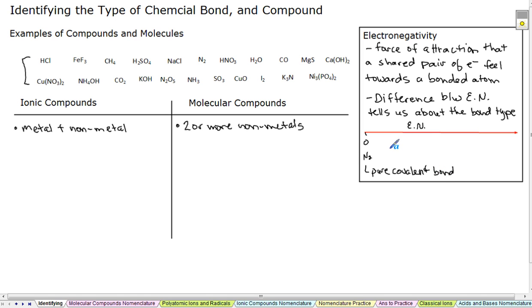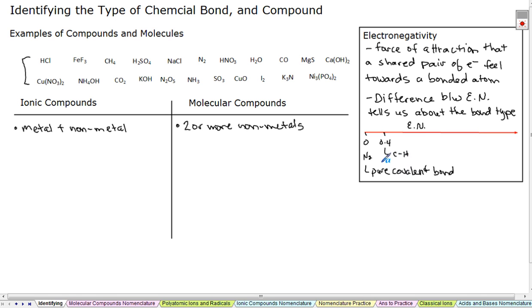And it turns out that we can generally say that a pure covalent bond is any bond where we have a difference in electronegativity between 0 and, I like to say, around 0.4. An example of that would be your carbon-hydrogen bonds.